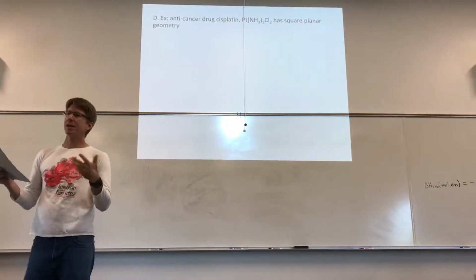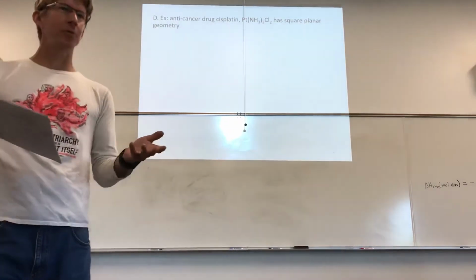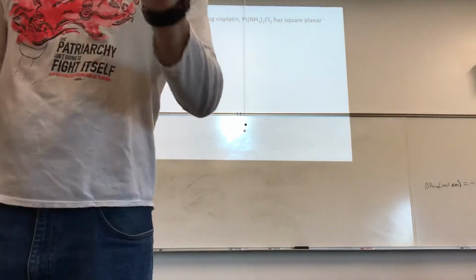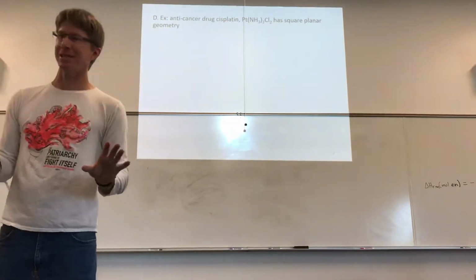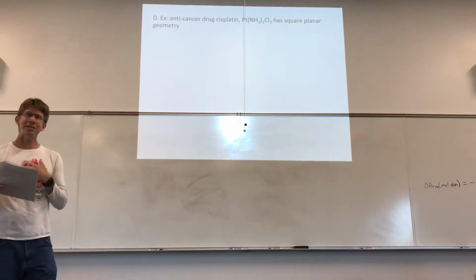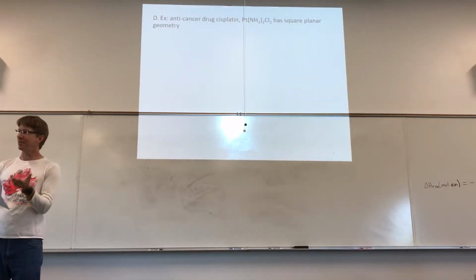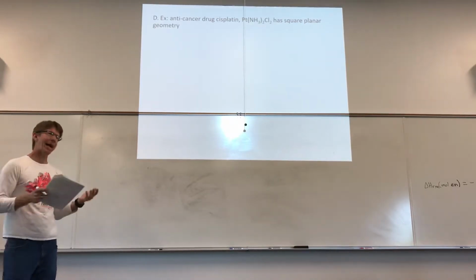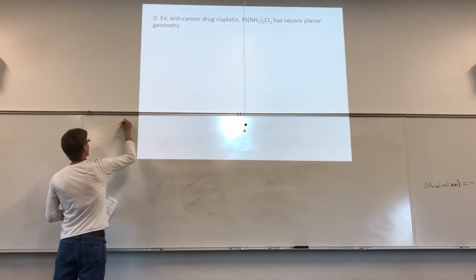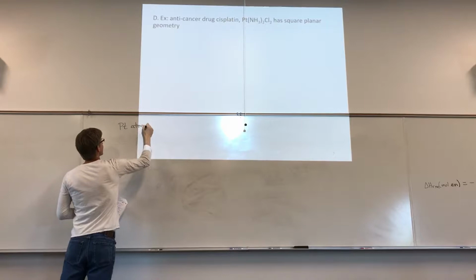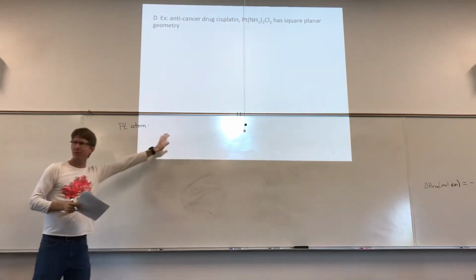Like so many things in Chem 400 and Chem 401, it can help to have a process to think about these things. My process is going to start with, let's look at the transition metal atom, so it's a platinum atom, and do its electron configuration.